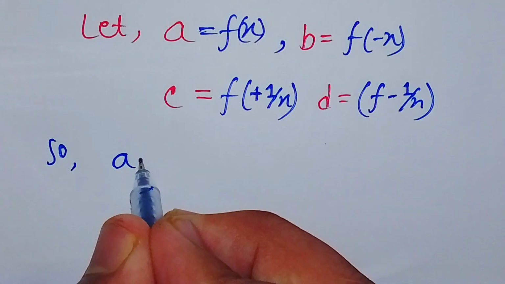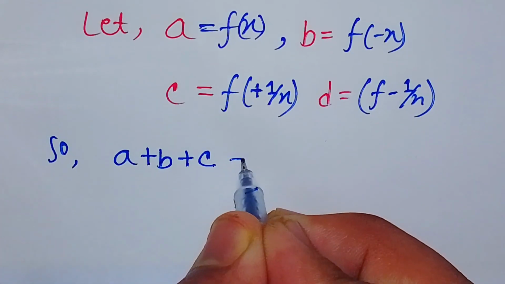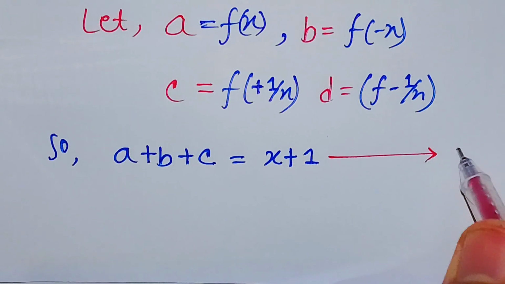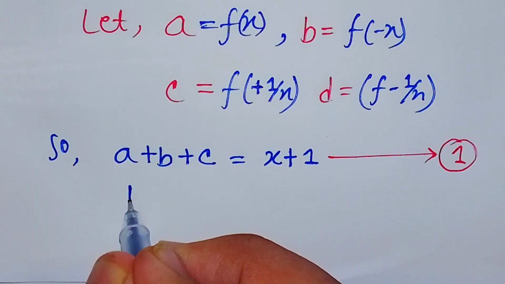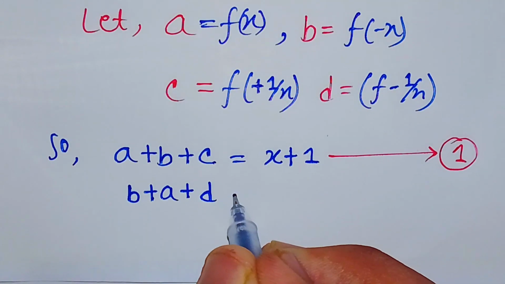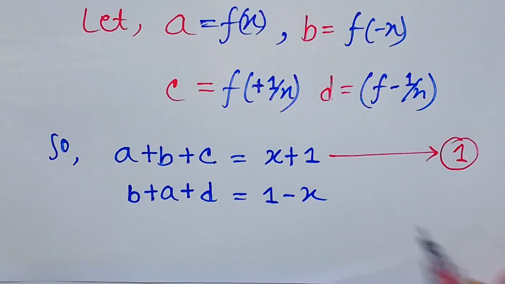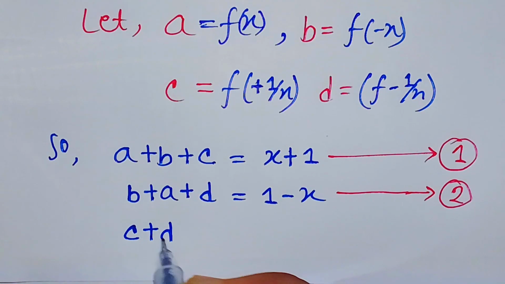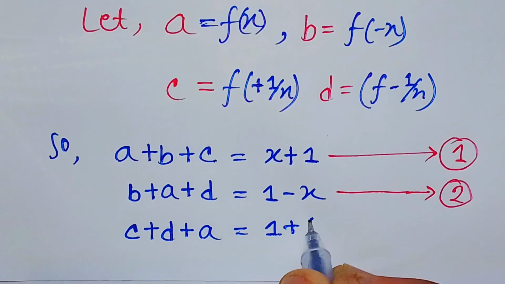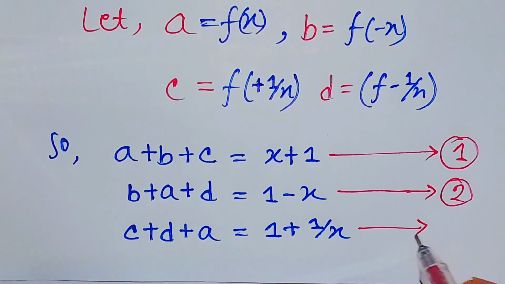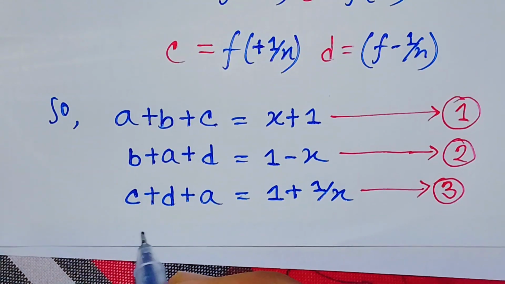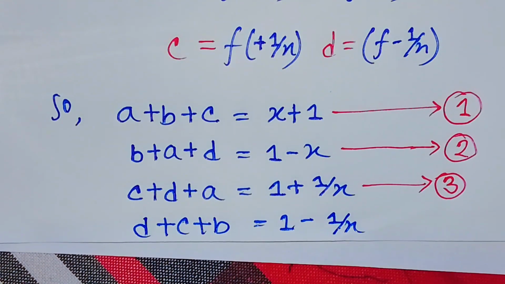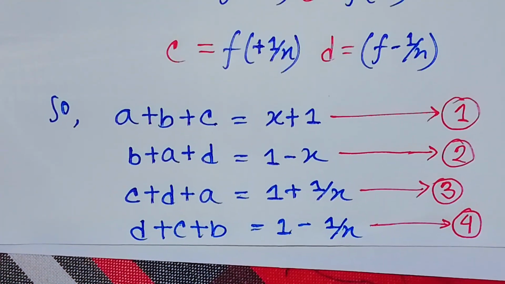We can write a + b + c = x + 1, which is the simplified equation number 1. Then b + a + d = 1 - x, equation number 2, and c + d + a = 1 + 1/x, equation number 3, and d + c + b = 1 - 1/x, equation number 4.